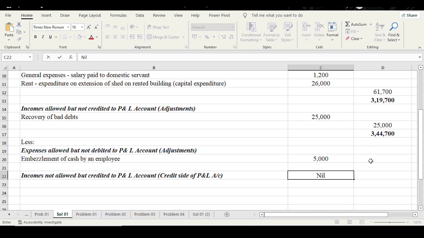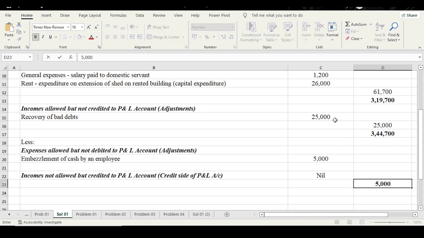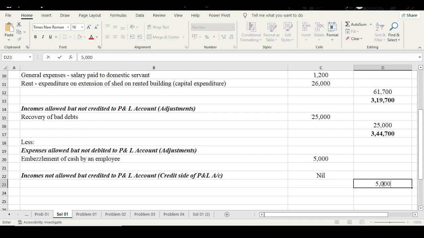So this is 5,000 and nil, so total is 5,000. Now this has to be deducted from 3,44,700. That comes to 3,39,700.